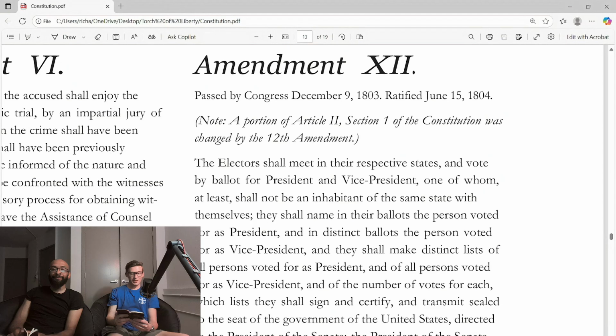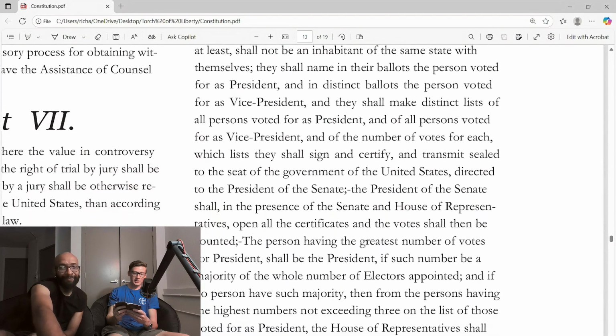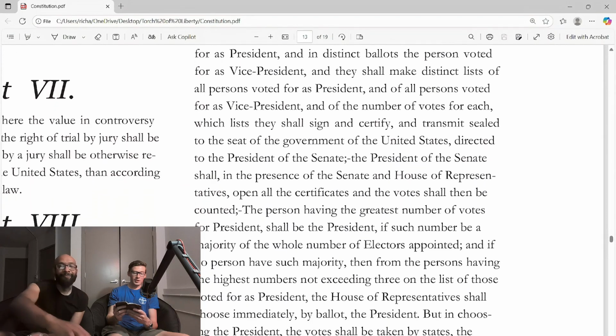They shall name in their ballots the person voted for as president, and in distinct ballots the person voted for as vice president, and they shall make distinct lists of all persons voted for as president, and of all persons voted for as vice president, and of the number of votes for each, which lists they shall sign and certify, and transmit sealed to the seat of the government of the United States, directed to the President of the Senate.